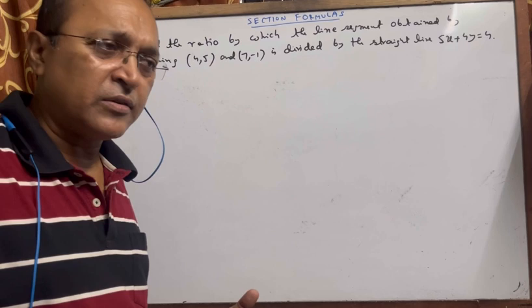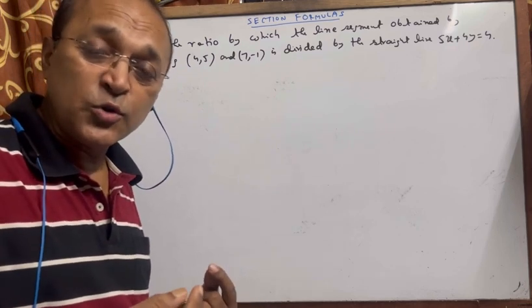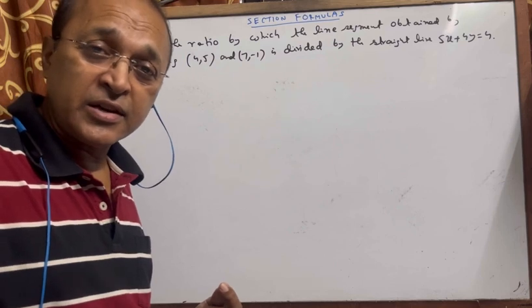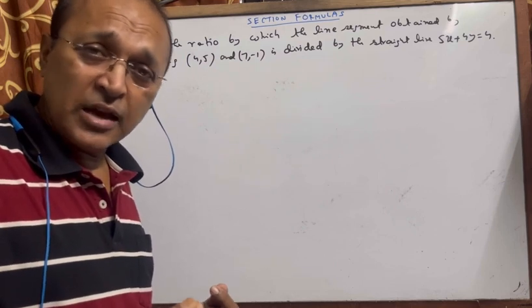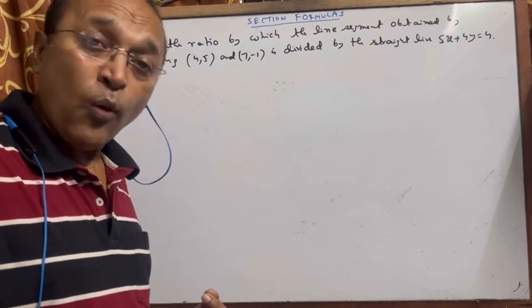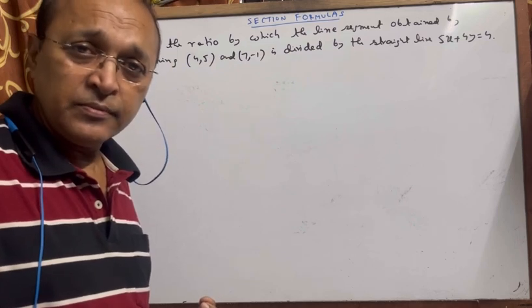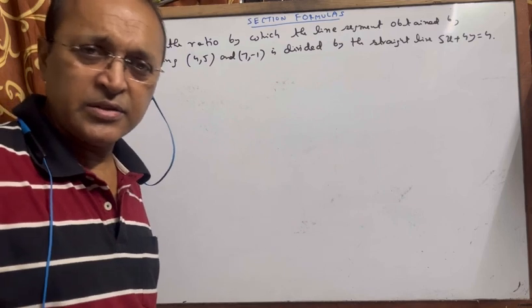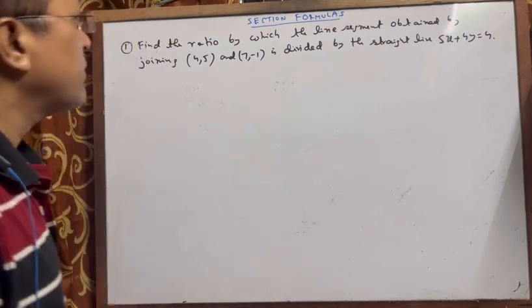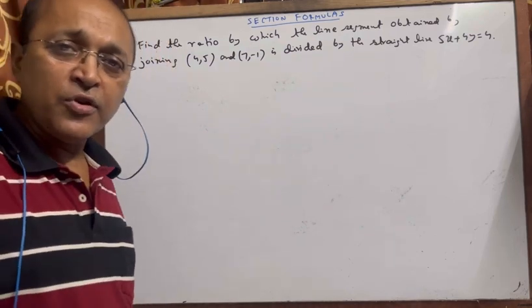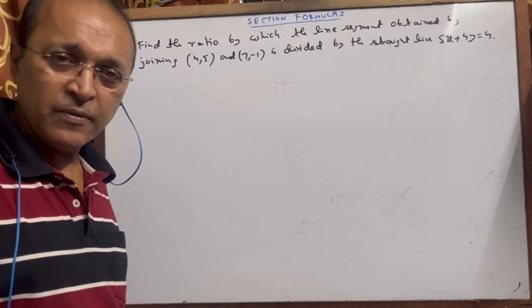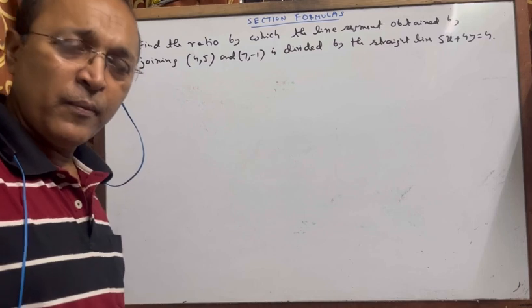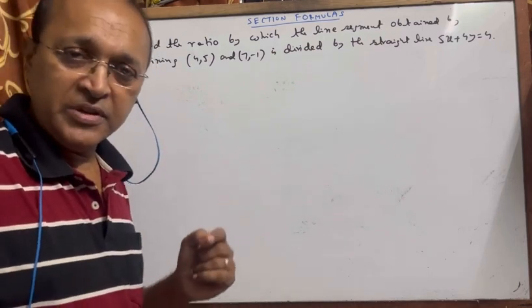All of you know the formula of the distance between 2 points, and if a straight line is intersected by a certain ratio, at what point that particular straight line is being intersected. So here I have found a few interesting problems from various books. I would like to share these problems with you and hope all of you will benefit from this.